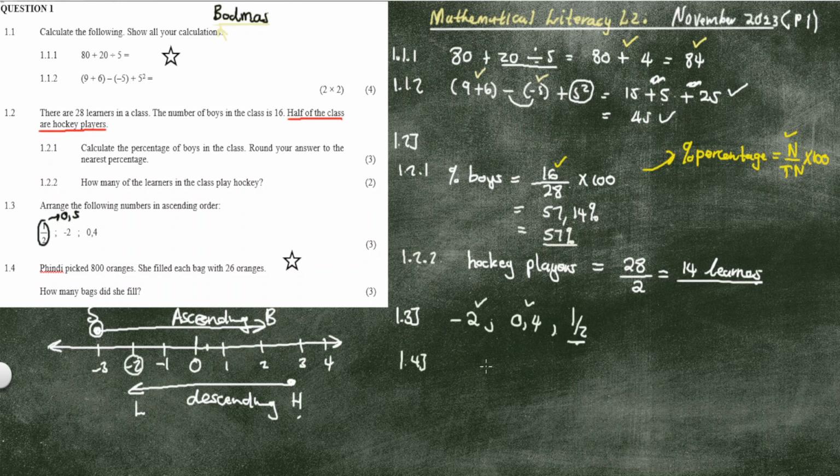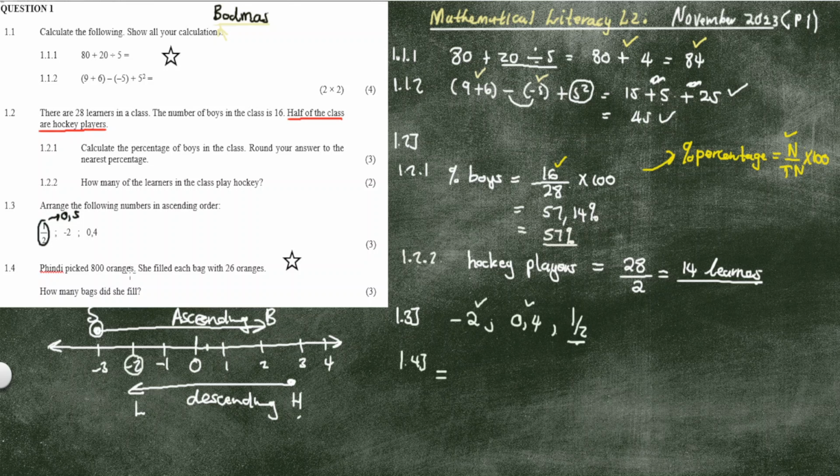We need to put them in bags of 26 oranges. So it means that each bag will contain 26 oranges. Now, we want to calculate the number of bags that will be filled with oranges. So to do that, this is sort of like a grouping problem in a way.